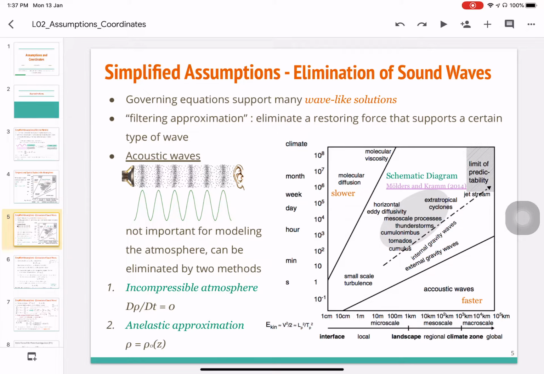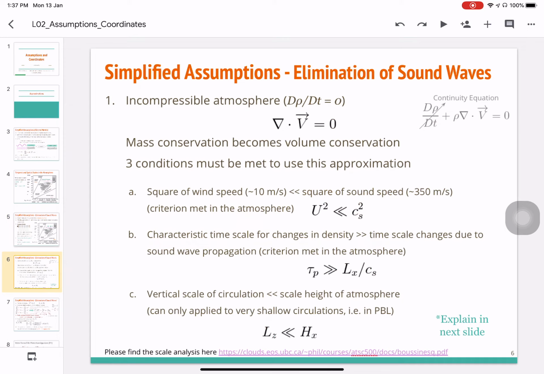The simplest form probably is to assume that the atmosphere is incompressible, which comes at a cost. The second type would be the anelastic approximation. We will get into this now.